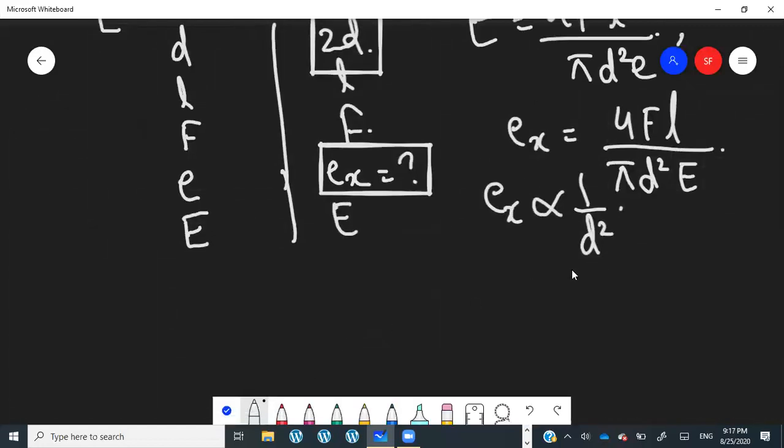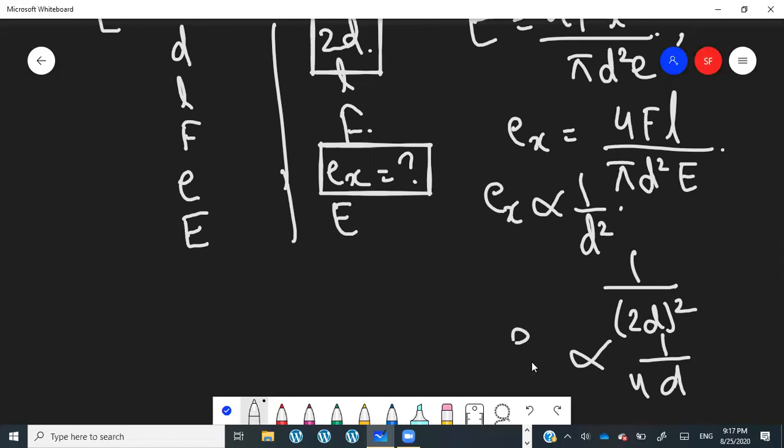It'll stay the same. No, it will decrease, but it will not be half. Basically, 4 times. Yes, 4 times. If you place a 2 over here instead of the d, and if you square it, it's going to become 1 upon 4 times d squared of the extension, right? 1 upon 4 times the d squared.